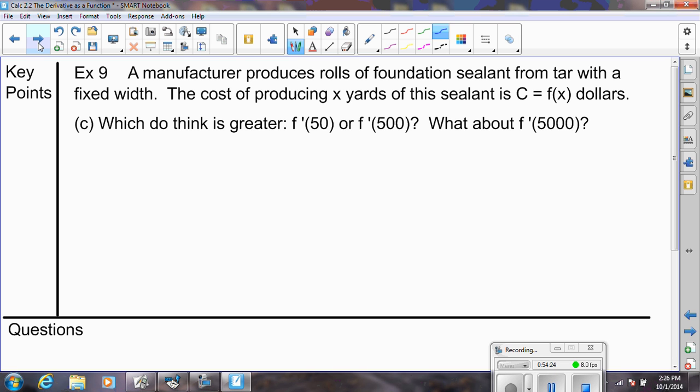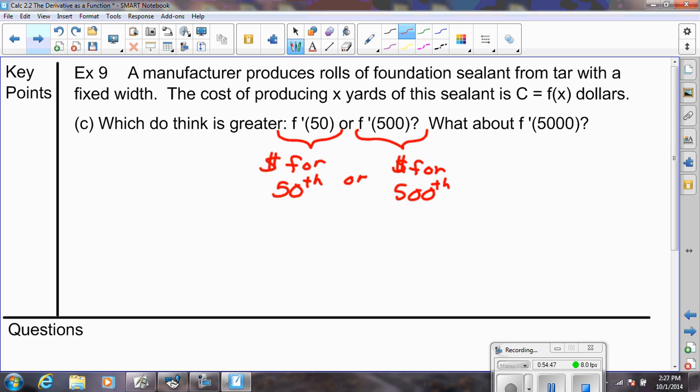So consider this. Which is going to be bigger? The additional cost of making the 50th unit, or the additional cost for making the 500th unit.